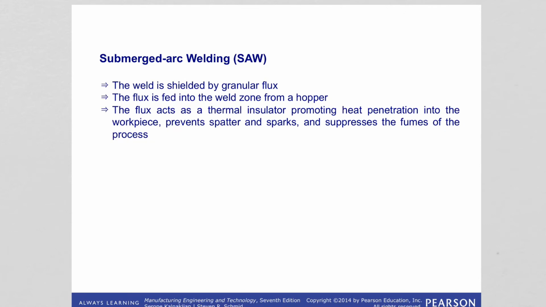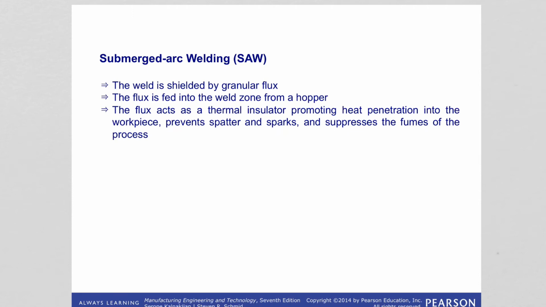Another example of consumable electrode arc welding processes is submerged arc welding, and in this case no shielding gas is used. Instead a layer of granular flux is deposited and that is used as the shield.